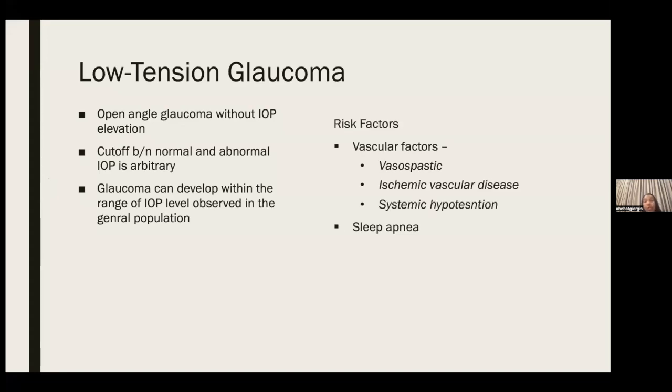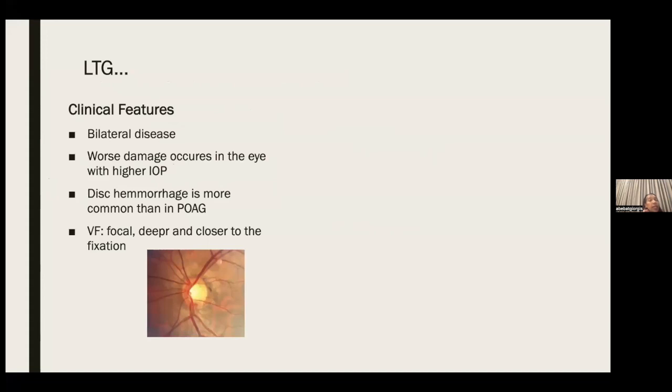Coming to the risk factors for low tension glaucoma: vascular factors like vasospastic problems, ischemic vascular diseases, systemic hypertension, and sleep apnea. As for the clinical features of normal tension glaucoma, it's a bilateral disease, and worse damage can occur in the eye with relatively higher IOP.